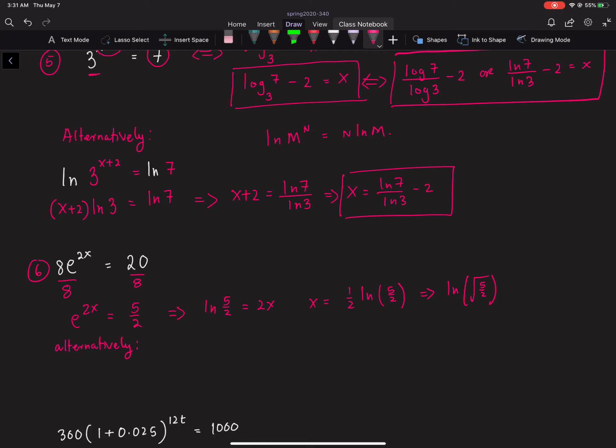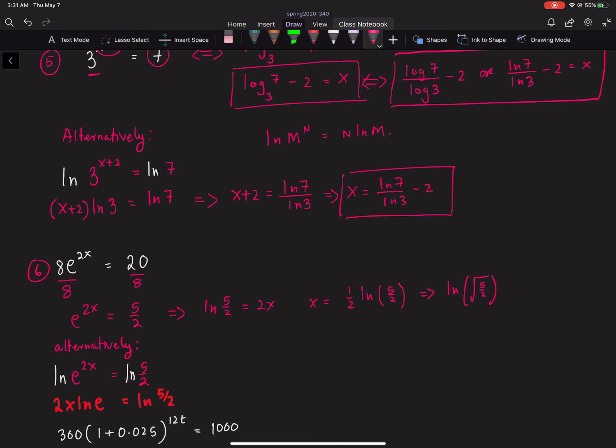Okay. Alternatively, I could have applied the natural log on both sides after I've divided everything by 8. So I have e to the 2x is equal to 5 over 2. If I apply the natural log on both sides, now I can utilize that property to drop down the 2x on the left side. So I get 2x ln e is equal to ln 5 over 2.